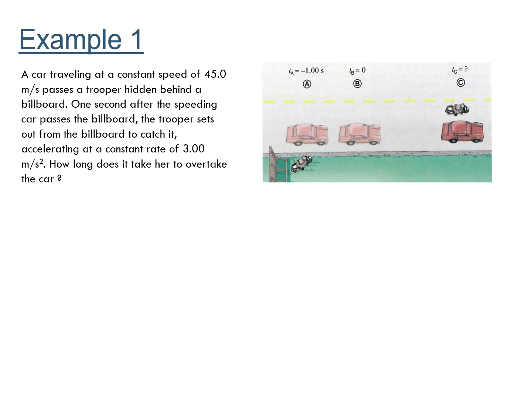Let's solve an example problem together. A car traveling at constant speed of 45 meters per second passes a trooper hidden behind a billboard. Let's start recording our givens. So, velocity of the car is 45 meters per second. 1 second after the speeding car passes the billboard, the trooper sets out from the billboard to catch it, accelerating at a constant rate of 3 meters per second squared.